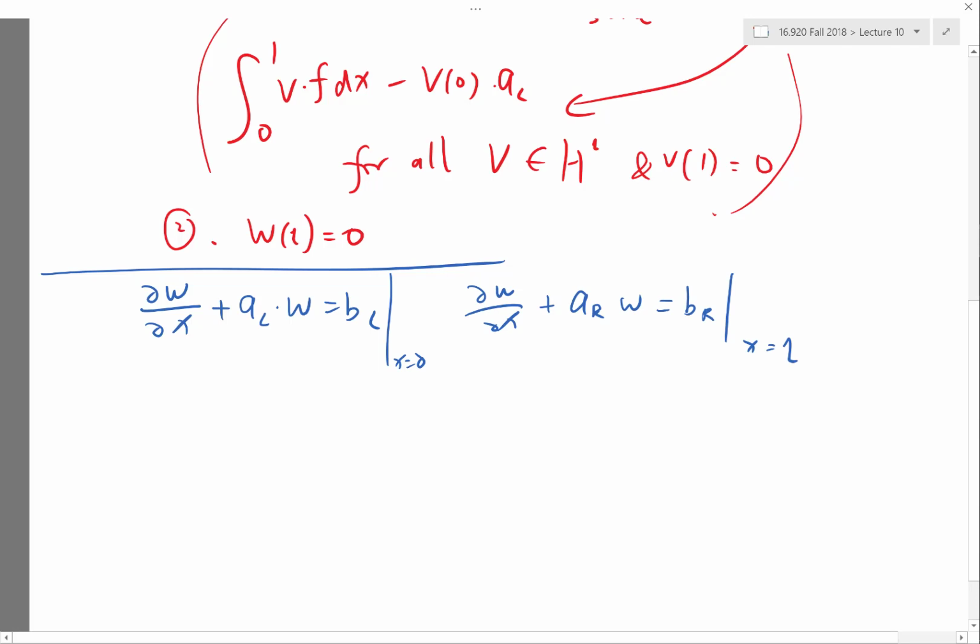So this is the type of boundary condition that involves both the value of the function and the derivative of the function.